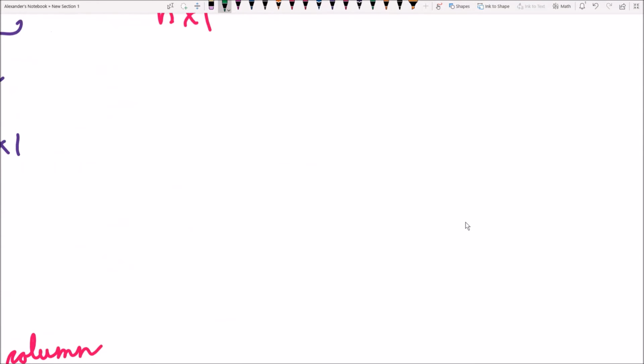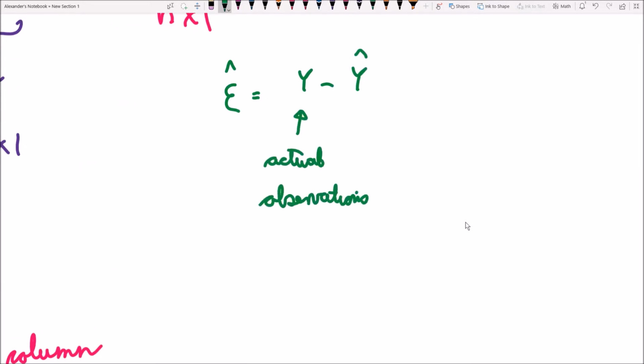Before progressing to calculating the coefficients for our regression model, we need to first mention the error terms and the sum of squared errors, or the error sum of squares. Epsilon hat, which is the vector of our fitted model's error terms, is equal to y minus y hat, where y is our actual observations of the dependent variable, and y hat is the vector for the fitted observations.